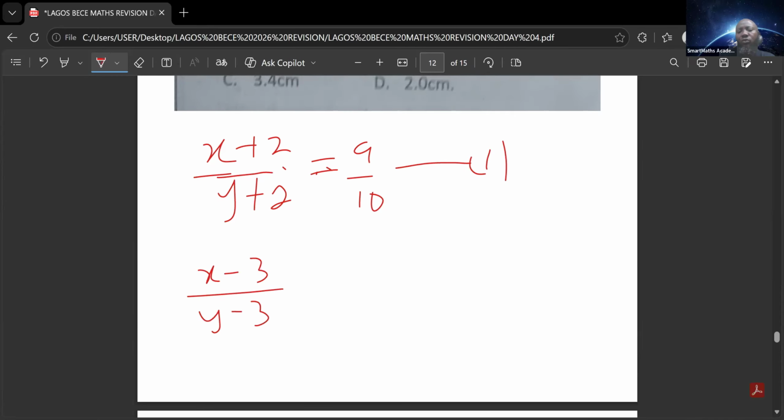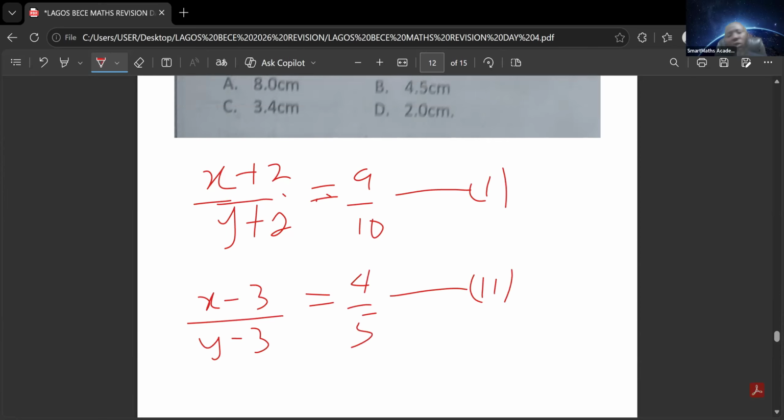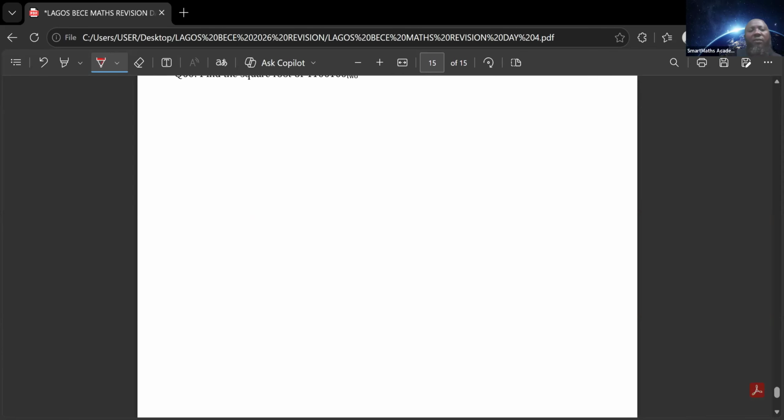This is equation 2. Now what we are going to do is make one of these the subject of formula, so we use the substitution method to solve this. Let me go to the last page and use this page. The first one is x plus 2 over y plus 2 equals 9 over 10. So we cross multiply here.